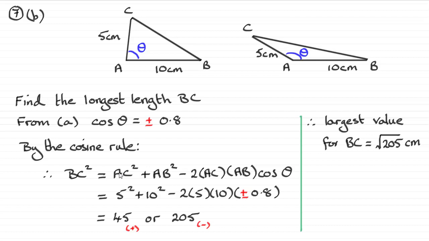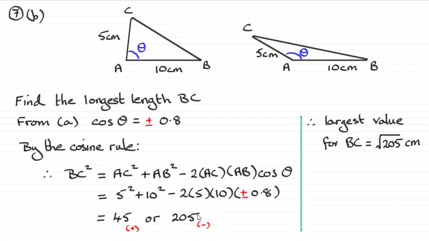So just substitute your values in, as I've done here, and for cosine theta you can see I've substituted plus or minus 0.8. And we're looking for the largest value that gives us the longest length BC. Well, if you take the positive value of 0.8, you end up with 45, and if you take the negative value, you end up with 205.